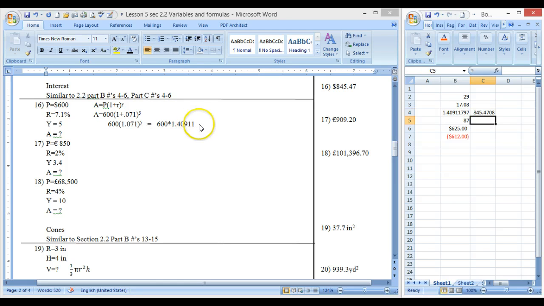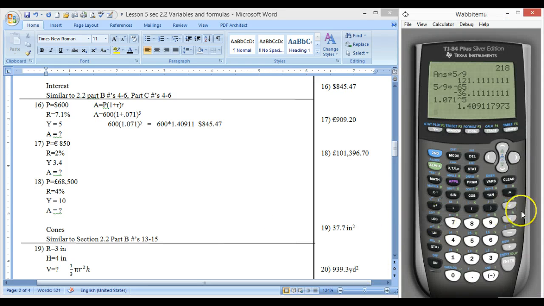Enter, there we go. It tells me, and I can interpret that as being money, so I round it out to 2 decimal places, 845.47, round it to the nearest penny. Or if we wanted to do it on the calculator, we would just press times and then multiply that by the principal, which was $600, and it gave me the exact same thing.